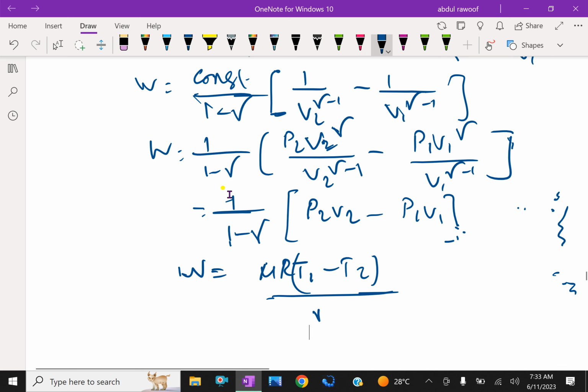Therefore 1 minus gamma is interchanged as gamma minus 1. So this is the work done: W equals mu R times T1 minus T2 over gamma minus 1. This is the work done expression for the adiabatic process.